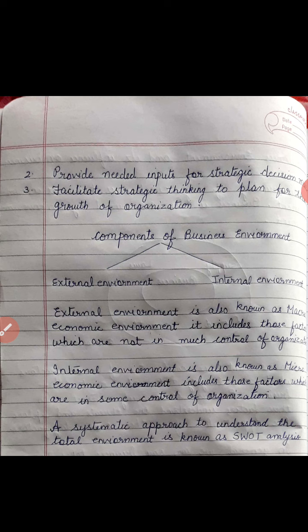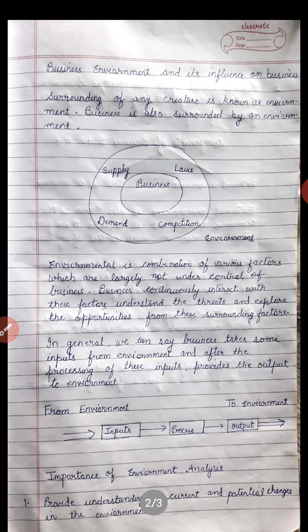These are all the guiding forces by which a business is surrounded. Business environment is actually the combination of various factors which are not in the control of an organization.